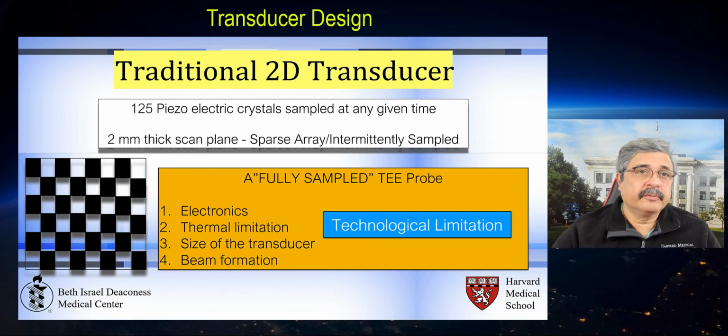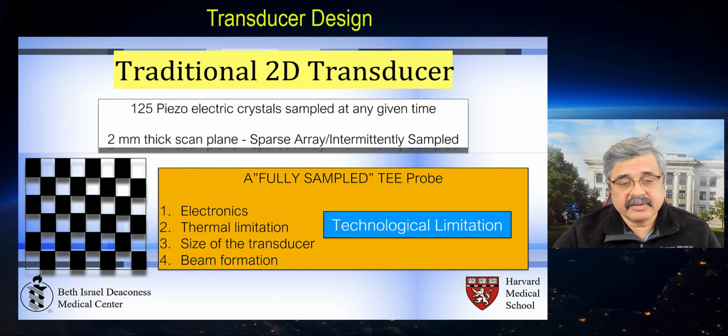Now, we all knew that to analyze a structure as complex as the heart, we need to have a three-dimensional imaging transducer, but the limitations were purely technological, and that consisted of lack of availability of electronics, thermal limitation of stimulating so many crystals, the size of the transducer, and finally the beam formation, which I'll get to in a second or so.